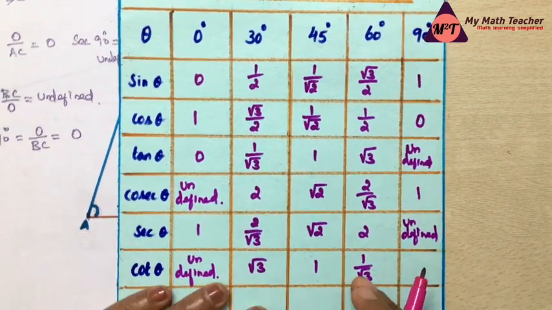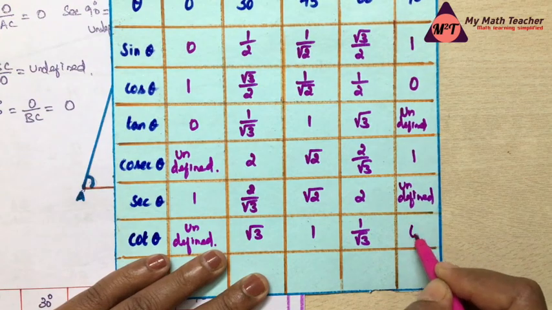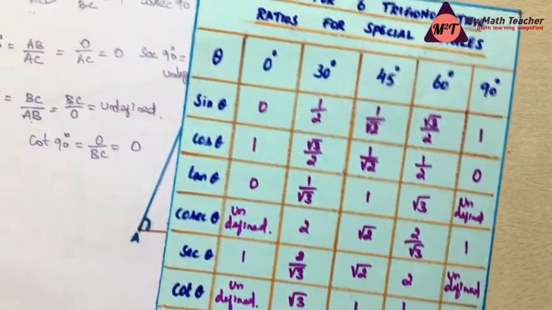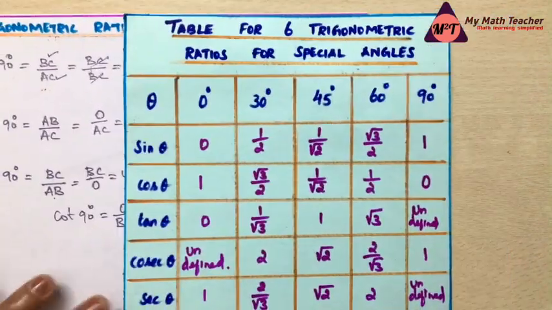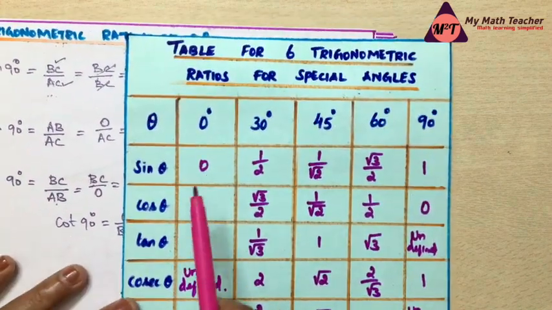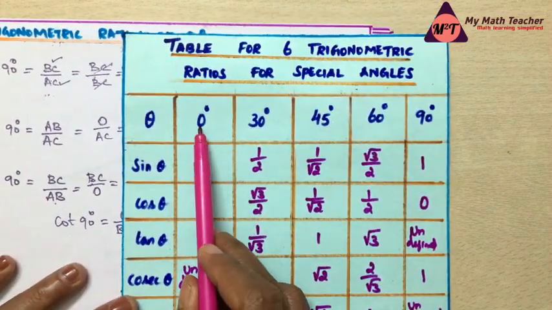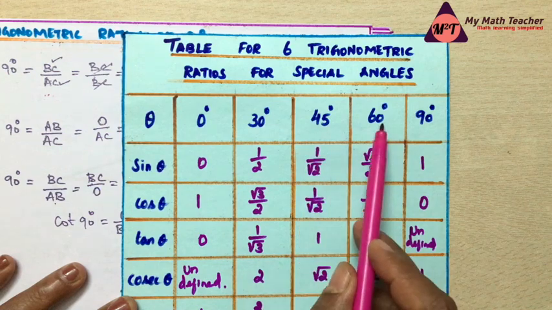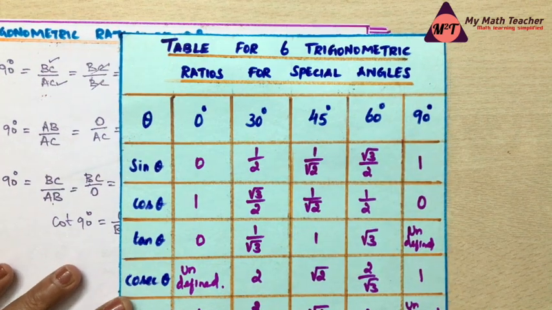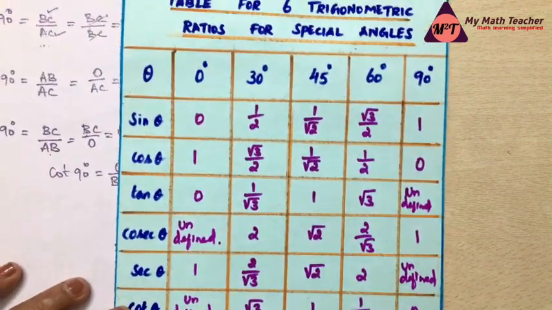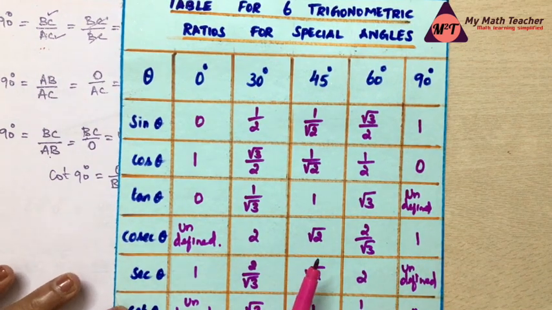The last one, cot 90 degrees is 0 here. So these are the values of all the trigonometric ratios with respect to the angles 0, 30, 45, 60 and 90 degrees. Now we have to remember all these values very thoroughly.